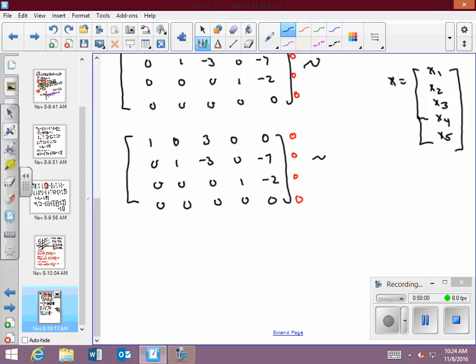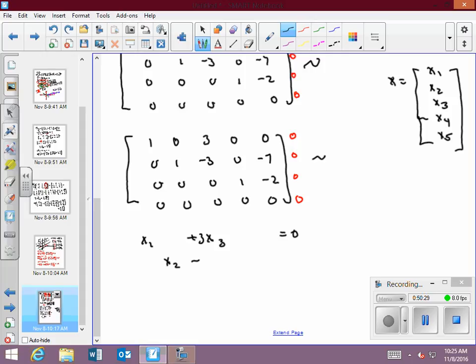So then the parametric equation for this is x1 plus x3 equals 0. The second row is x2 minus, I should have put a 3 in.